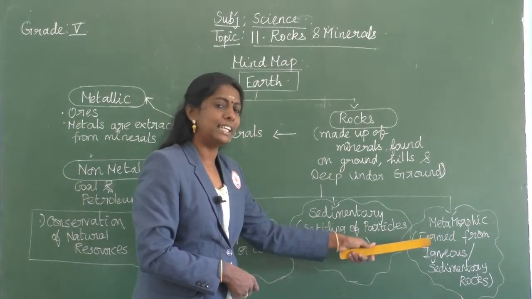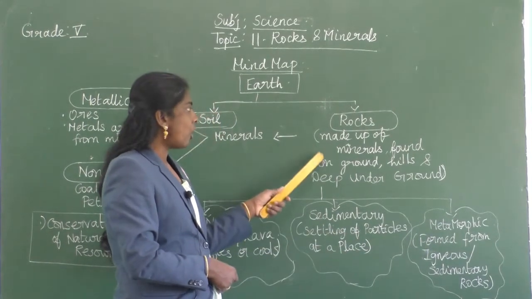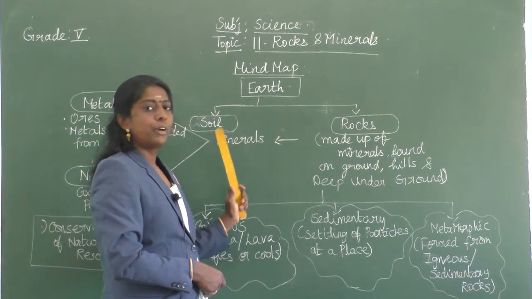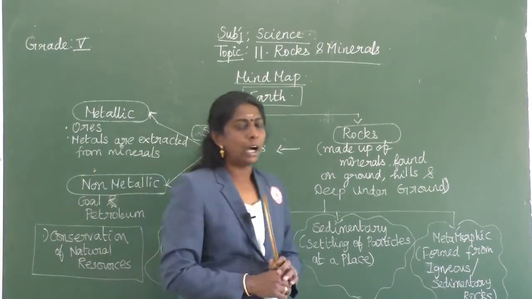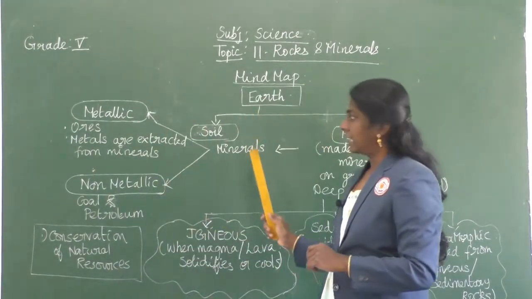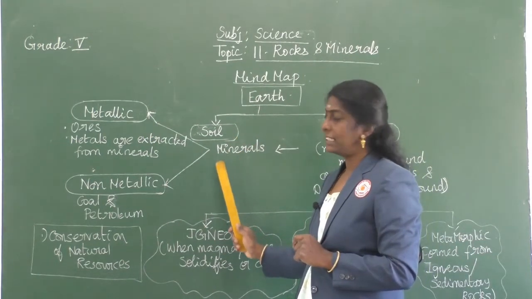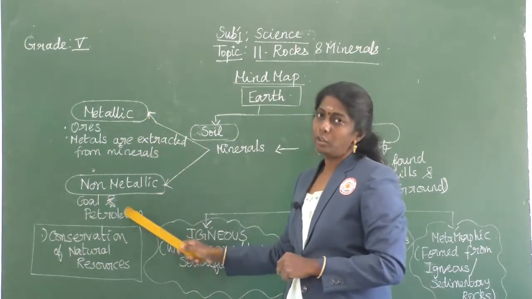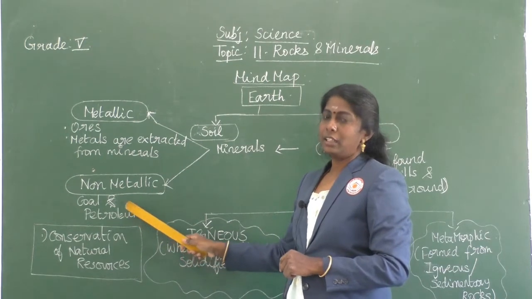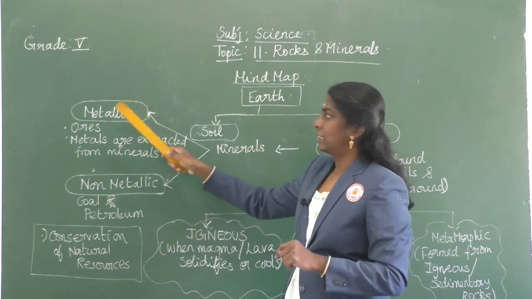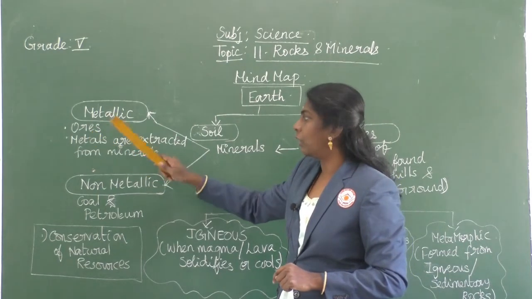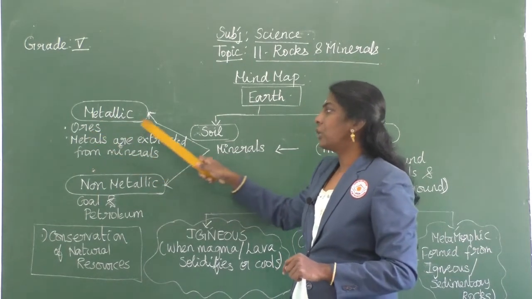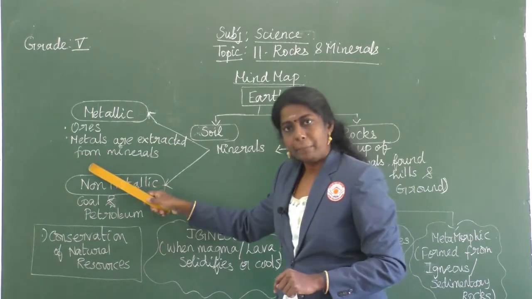Clear, children? Yes. Now these rocks are made up of minerals. Minerals are further classified into two types, metallic and non-metallic. Metallic minerals are called ores, and metals are extracted from minerals.